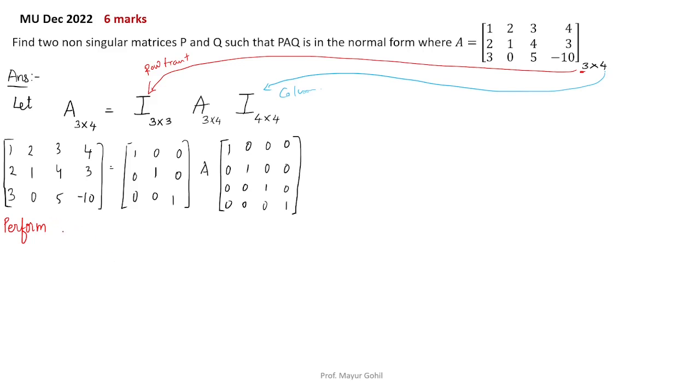So we will perform R2 changing to R2 minus 2R1, and R3 changing to R3 minus 3R1. This is the transformation that we are going to do. So do it systematically, then you will get a systematic answer in the least number of steps. Otherwise you can go on and on, and you will get somewhere eventually.